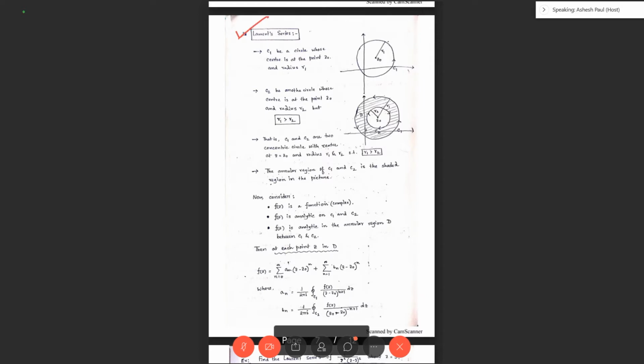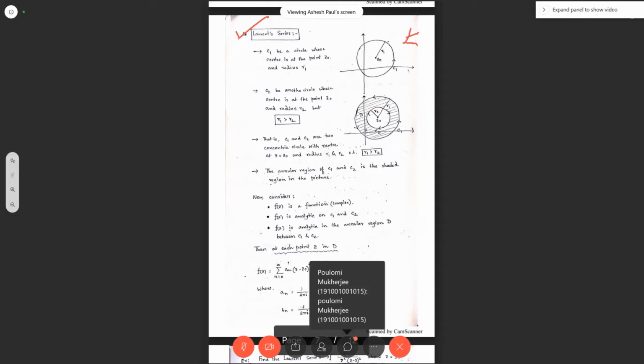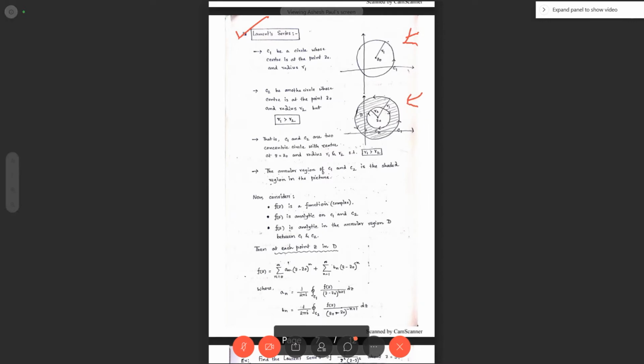Let C1 be a circle whose center is at the point Z0 and radius R1. See this diagram. Now see the next diagram. Here we consider another circle C2 whose center is also at the point Z0 and radius is R2, but R2 is less than R1.